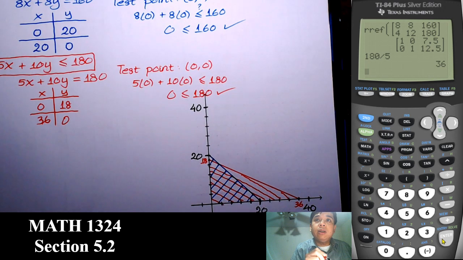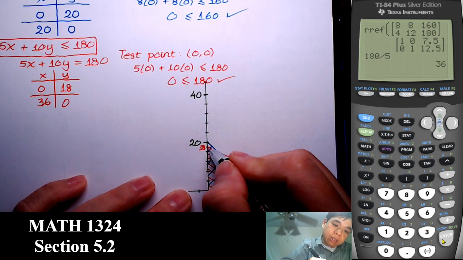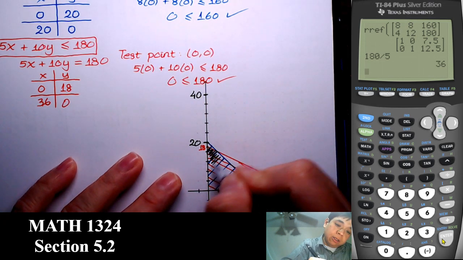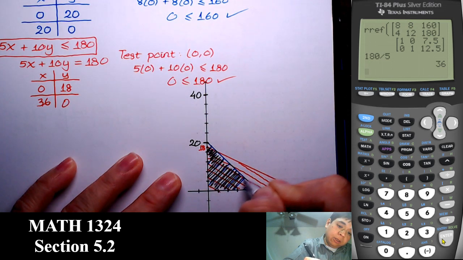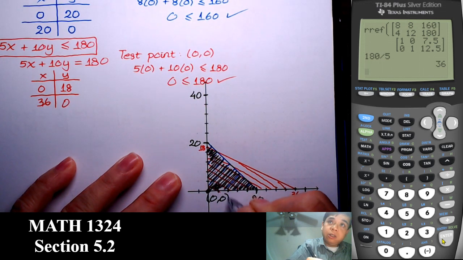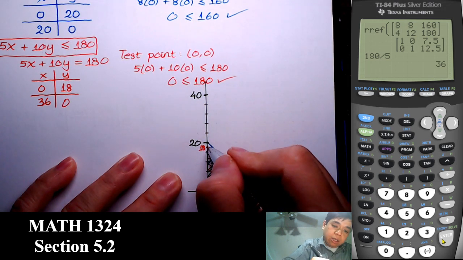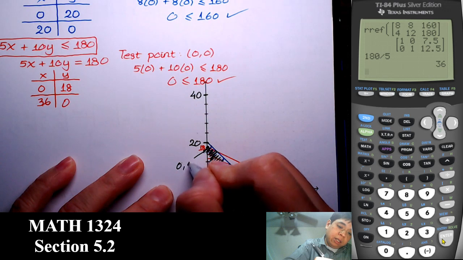And now we have the intersection. Obviously it's going to be this. So we have the origin 0, 0. This is 18, so 0 and 18.